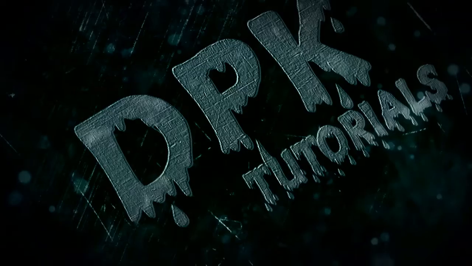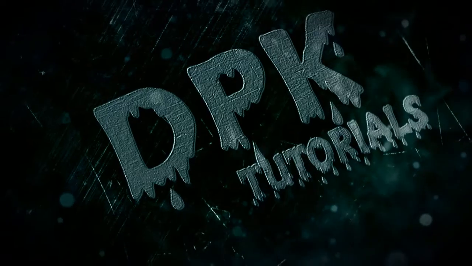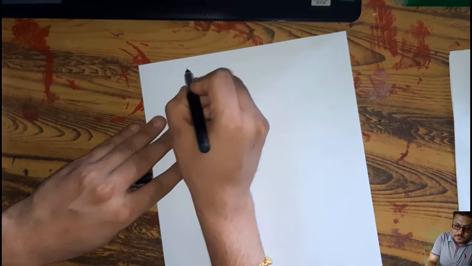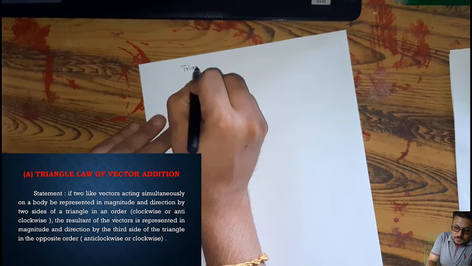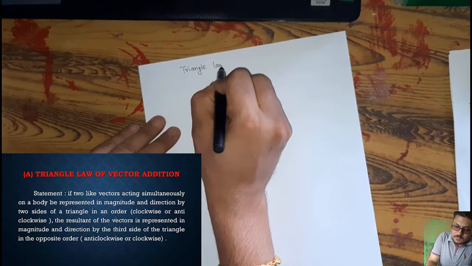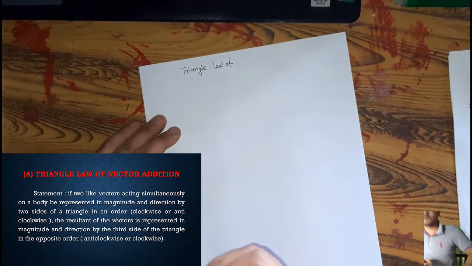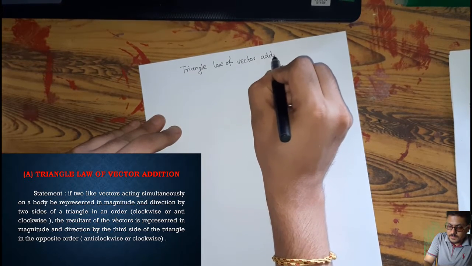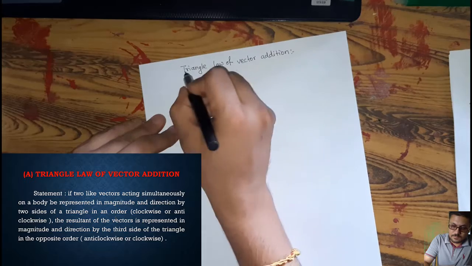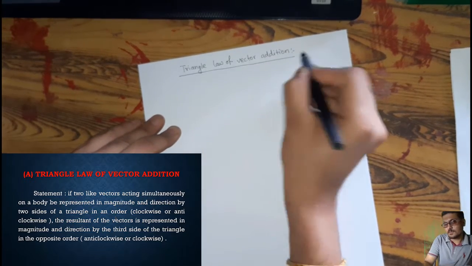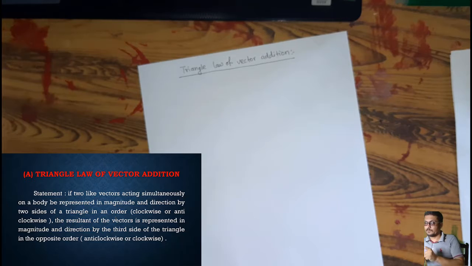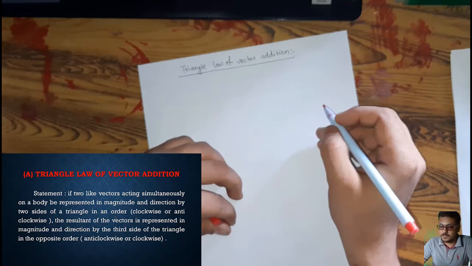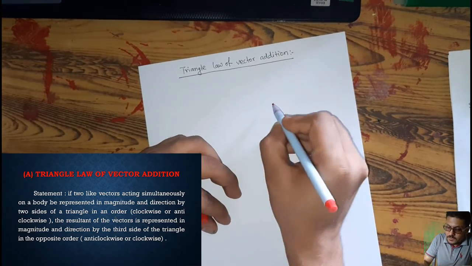Let's move towards the statement of the triangle law of vector addition. If two like vectors, it means we have two vectors.